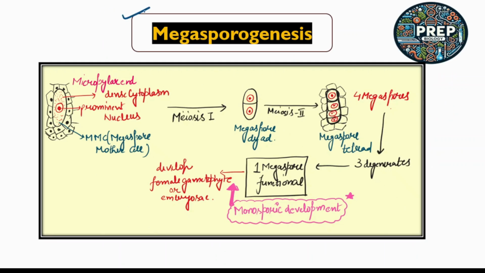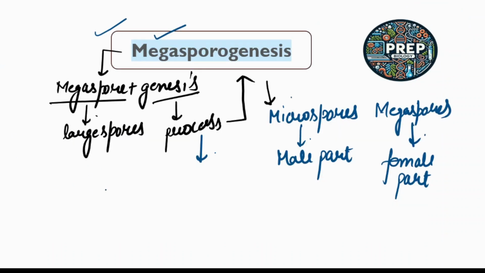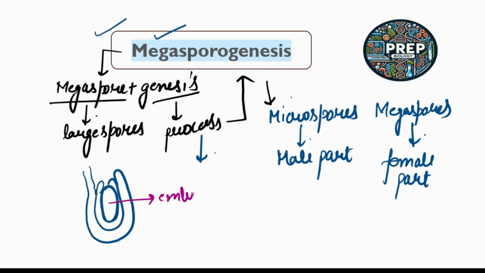If we see megasporogenesis, we know that there is an ovule which forms the female gametophyte. We have already covered in the previous lecture the structure of the ovule. This is the structure of the ovule, and in the middle of this we have the embryo sac.